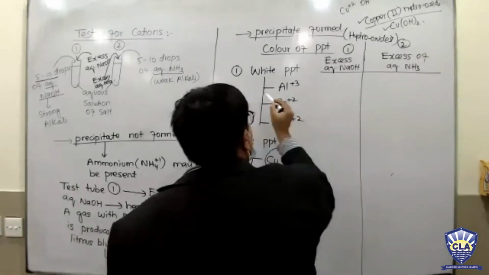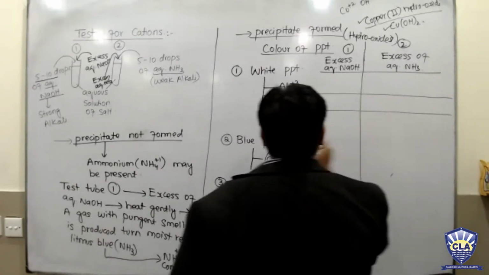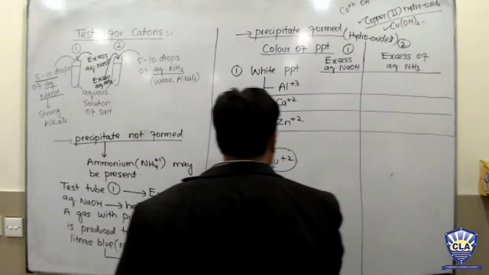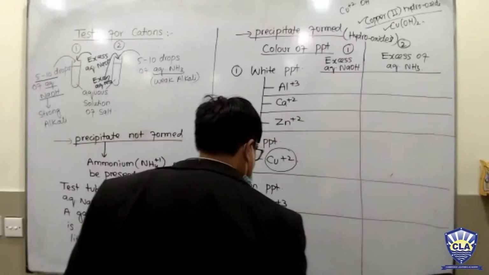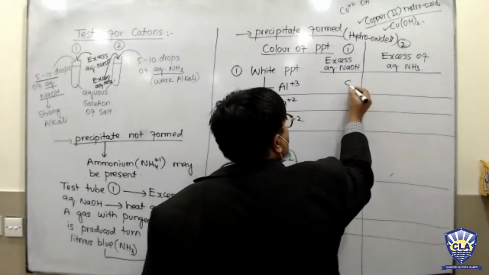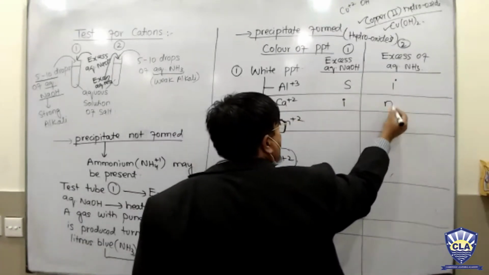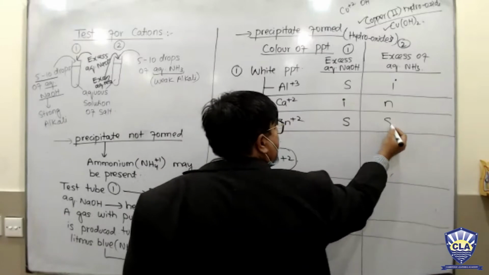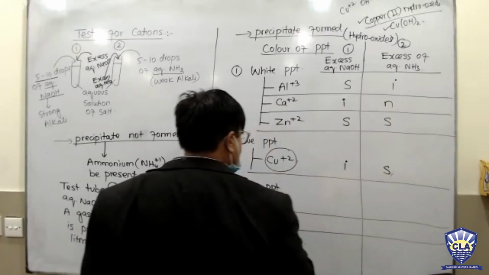Okay, this thing is a little bit difficult to learn, but I am telling you the simplest method by which you can learn it. And what is that method? Just listen. For aluminium, just learn this word, Psi. For calcium, In. For zinc, Sus. Copper is.